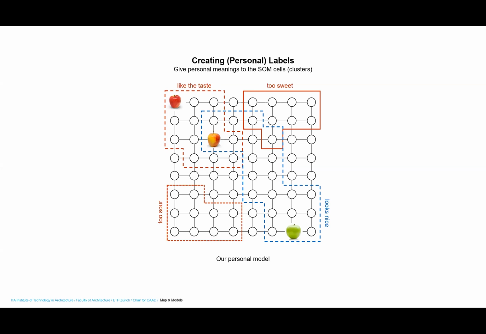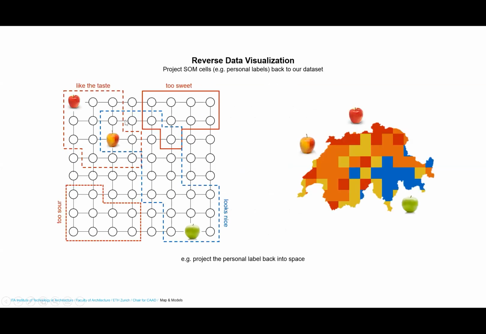So we can give different meanings to the labels, and then later we can project these meanings back to our original data items, so that we know what is going on in our data. In this case, I will call it reverse data visualization.